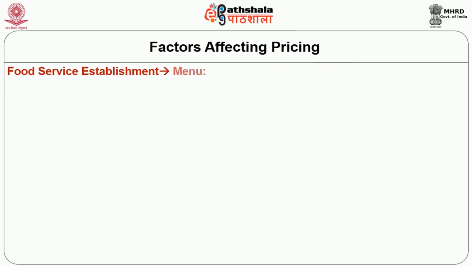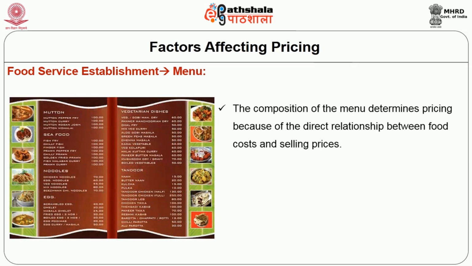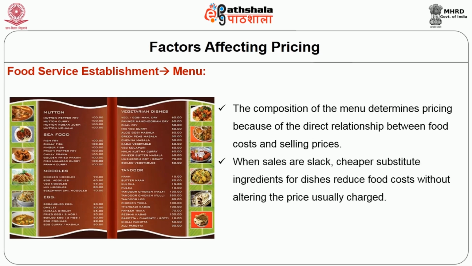Menu. The composition of the menu determines pricing because of the direct relationship between food cost and selling prices. When sales are slack, cheaper substitute ingredients for dishes reduce food cost without altering the price usually charged.